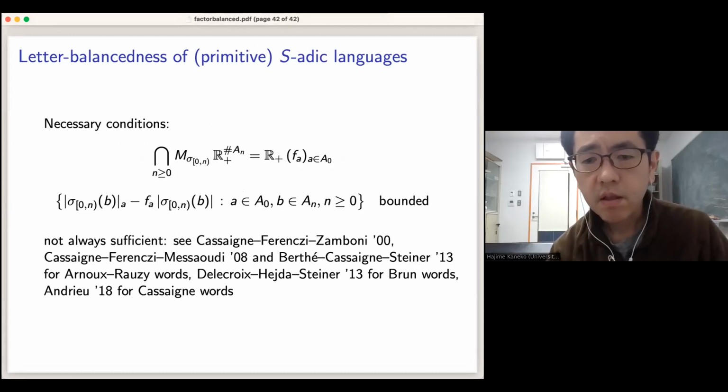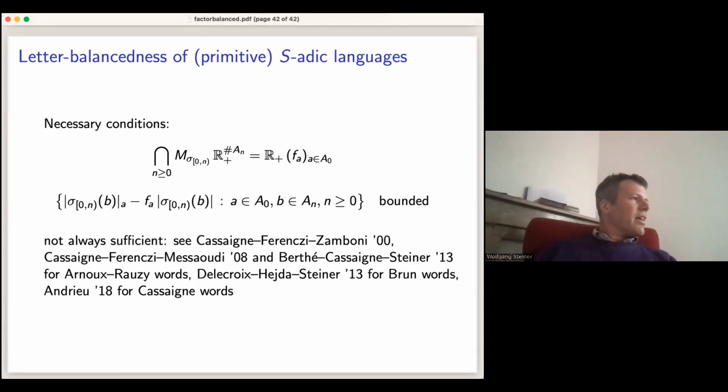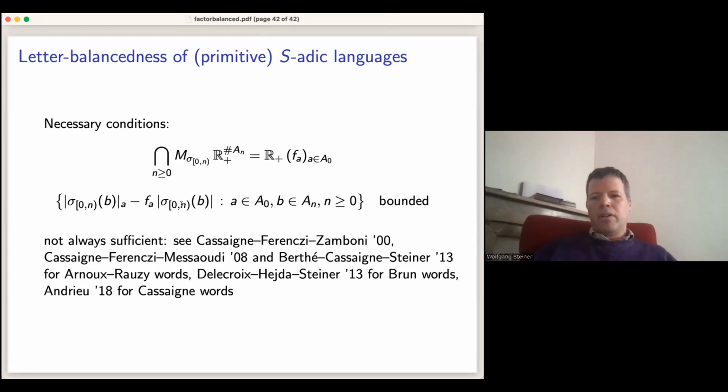Yes, it's important. If you have a convergence here, so not only is this distance bounded, but if you have exponential convergence to the line in n, this is usually sufficient.